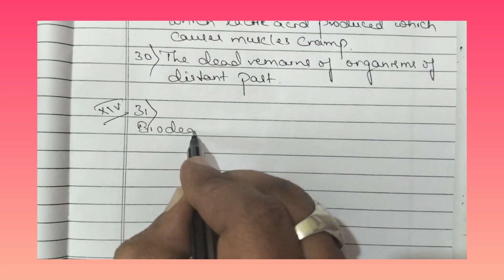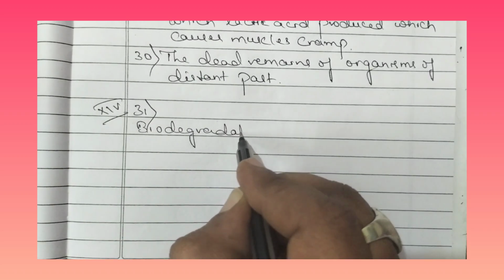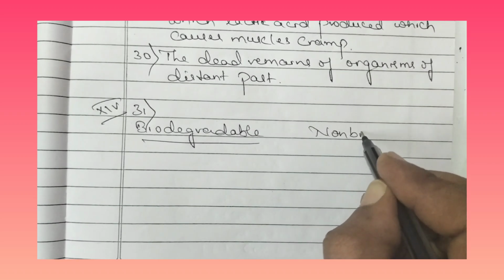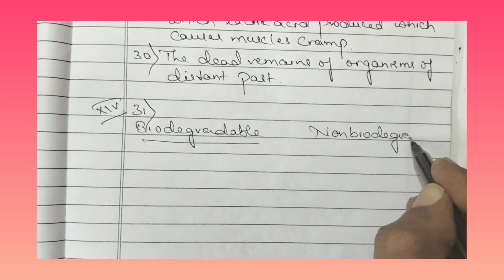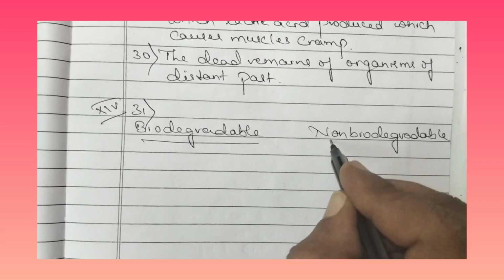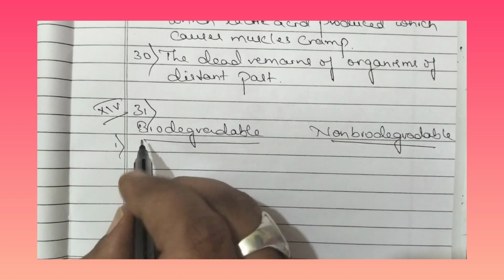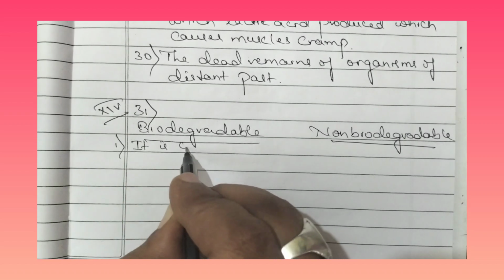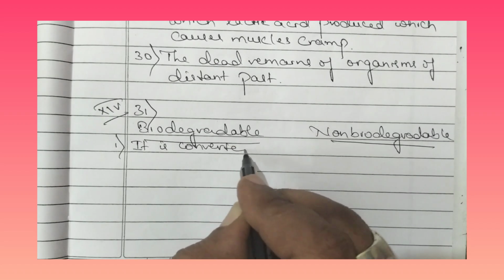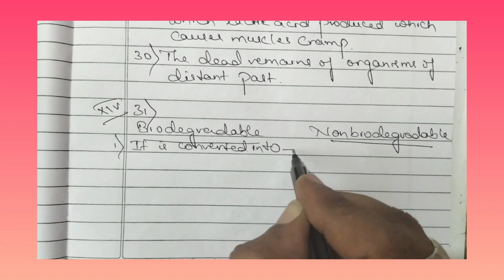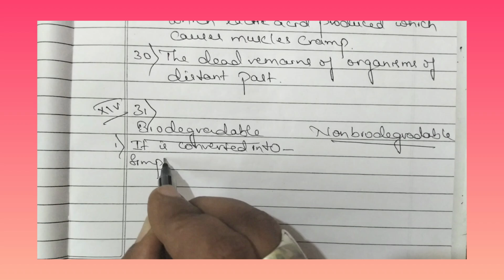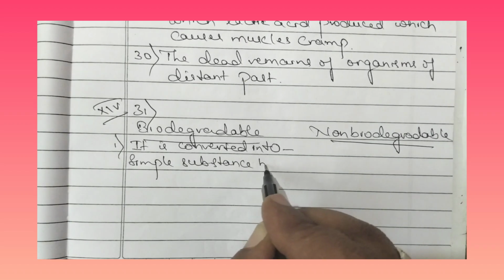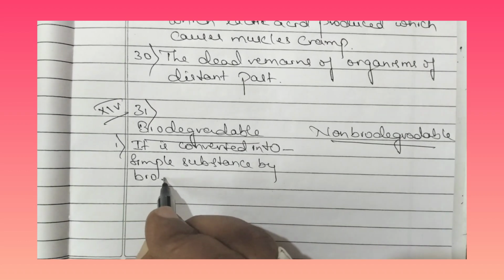So what are the differences between biodegradable and non-biodegradable? Biodegradable is converted into simple substances by biological process.